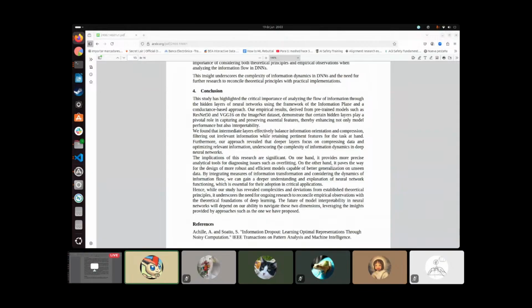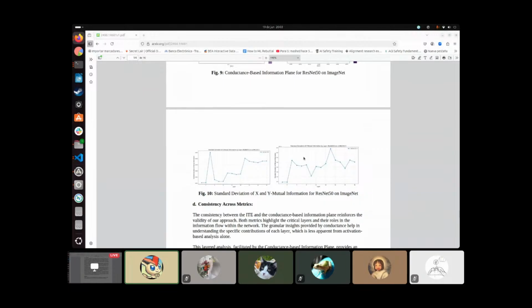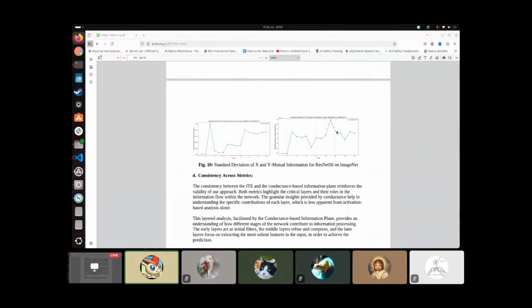Maybe it goes up and down because it's in some sense skipping layers: the layers where the mutual information with the output is high are layers where the model is storing some things that are then skipped to the last layer for the output, and then on the next layer it is doing something with the input.